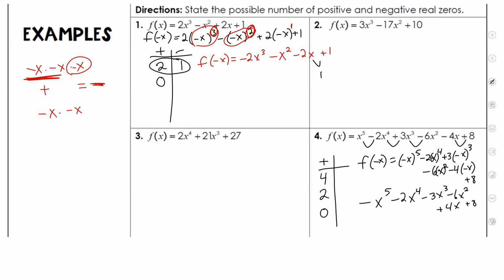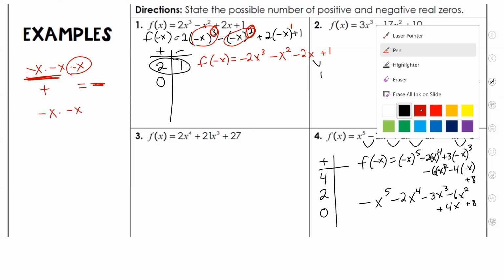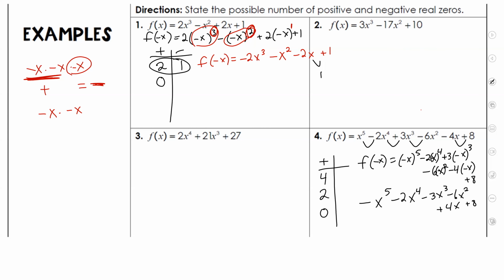Is that okay? All right, so let's count the variations. So negatives, okay, it changed from negative to a positive here, and that's it. So it's possible to have one negative value. Now, if you want to, you can write this in word form.